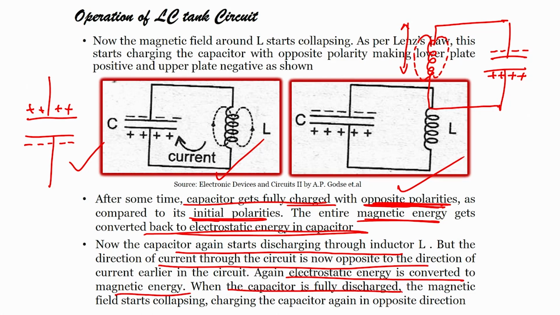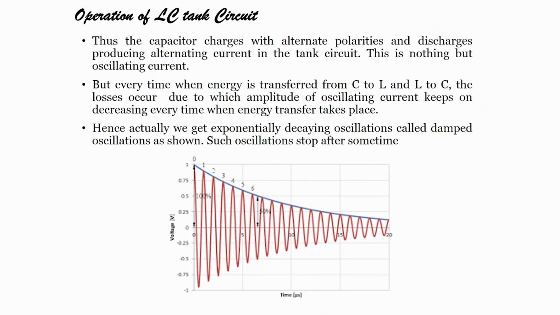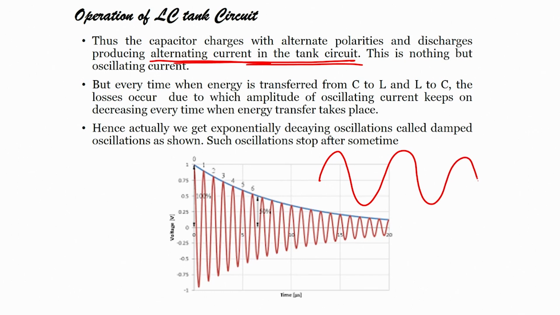When the capacitor is fully discharged, the magnetic field starts collapsing, charging the capacitor again in the opposite polarity or direction. Thus, the capacitor charges with alternate polarities and discharges, producing alternating current in that circuit, right.